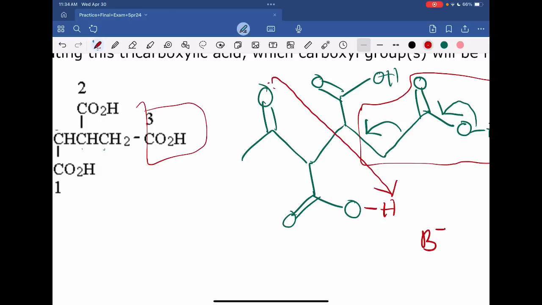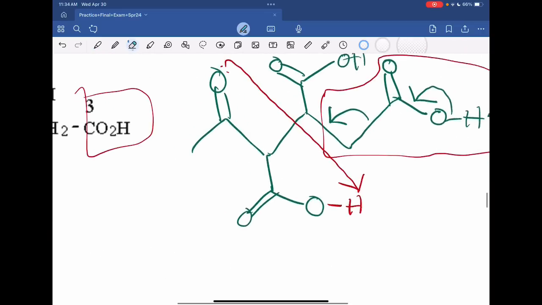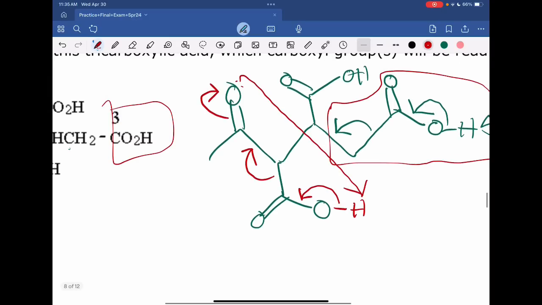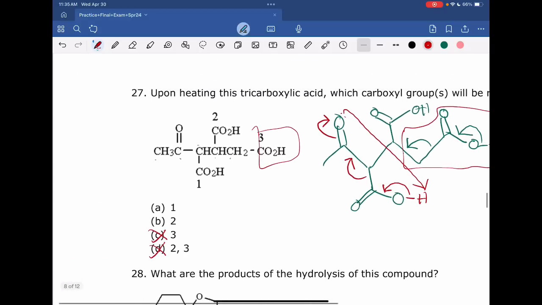But let's actually do it with the carbonyl this time, because I did it with a base in this example. So the carbonyl grabs this H. Now you form the CO2 double bond. And now you can definitely push this around. You can push it this way and break this bond. And everything's okay. So you can definitely lose 1. So the answer is 1.